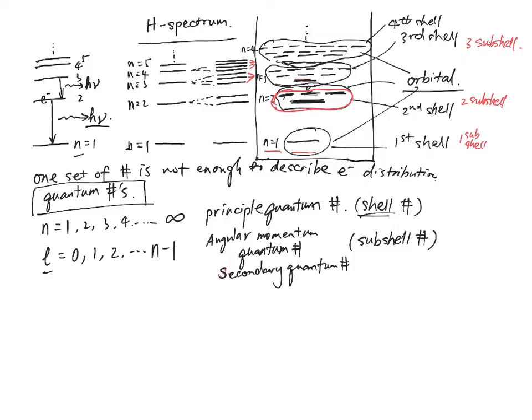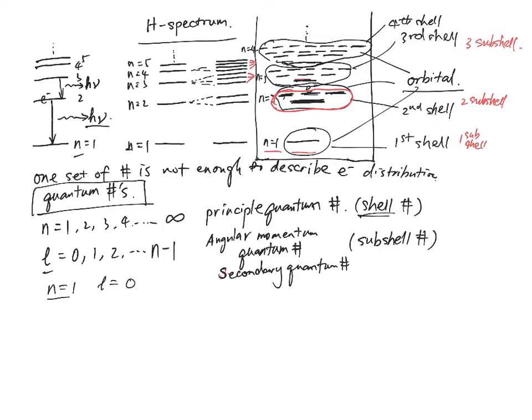Now, if you have 1, 2, 3, 4, why are you using these? Well, think about it. When your n equals 1, what does L equal? L equals 0 all the way up to n minus 1. For n equal to 1, n minus 1 is 0. What does that mean?